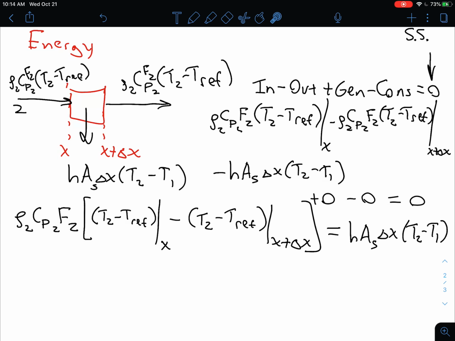Now notice something. Tref is a constant, right? I said I could choose it as long as I choose something that maintains the assumption that Cp is constant. And if I do that, this constant should not depend on x. So Tref evaluated at x would be the same as Tref evaluated at x plus delta x.